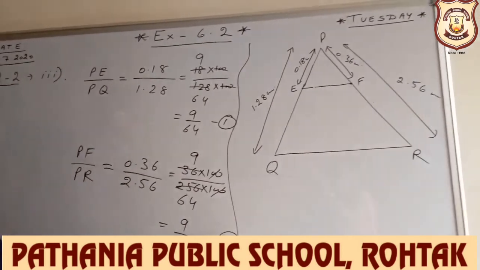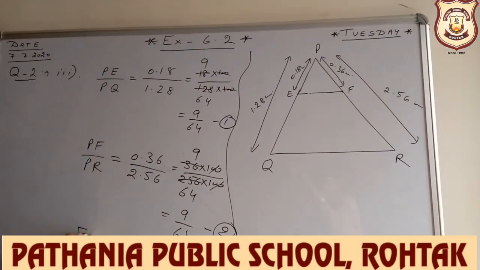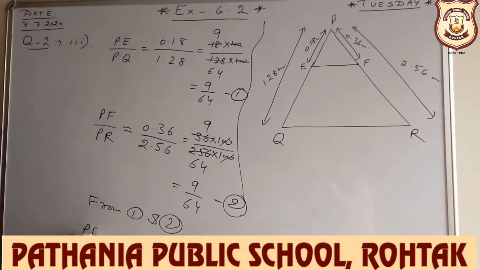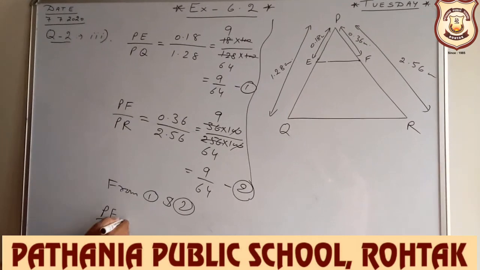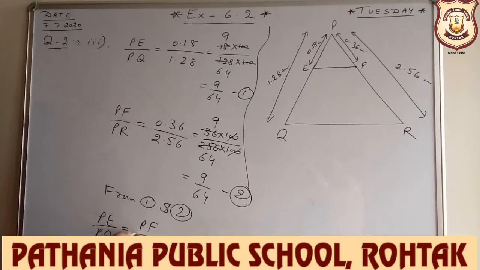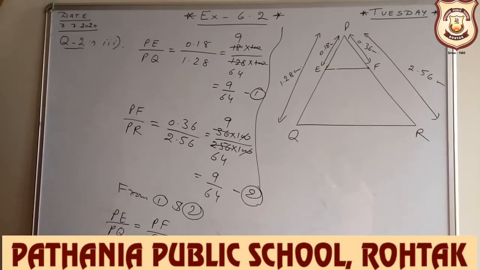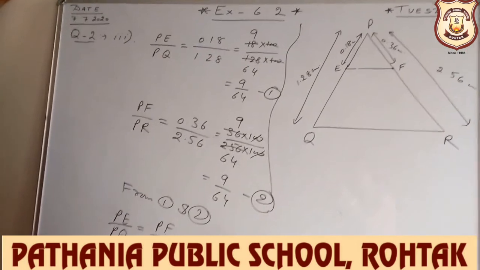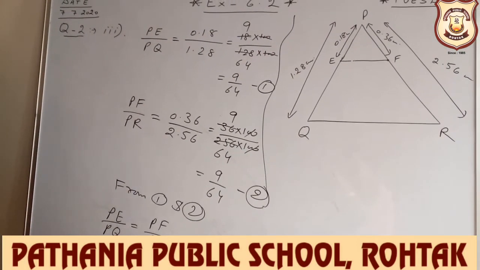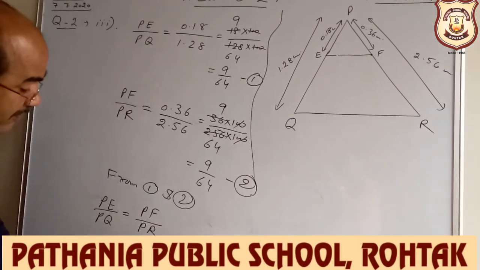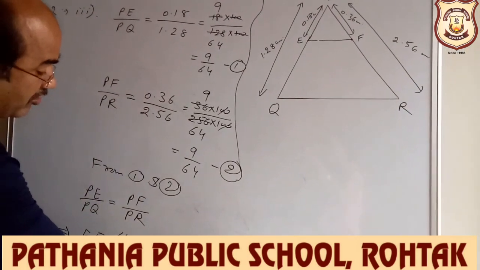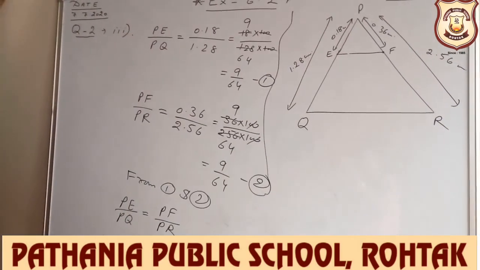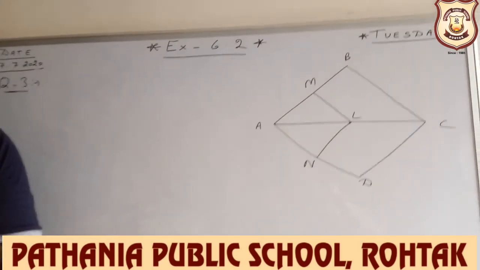Mention this as the second. From first and second, PE upon PQ is equal to PF upon PR. If this is equal, it implies EF is parallel to QR. Why? By the converse of BPT.